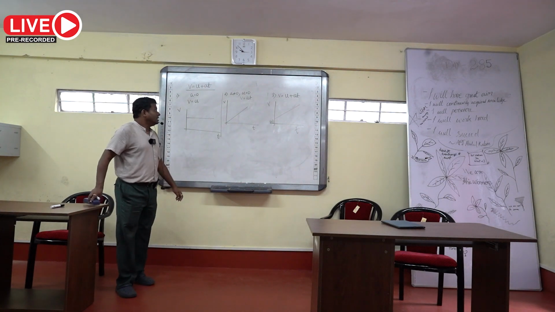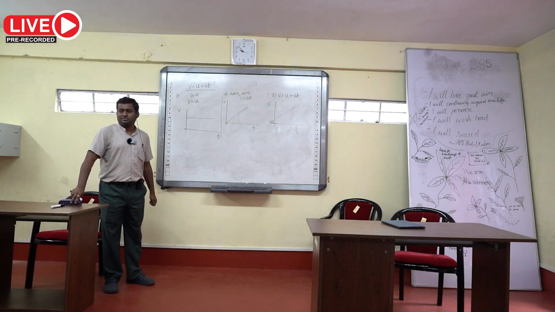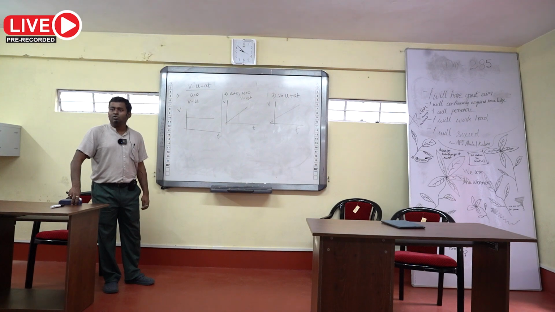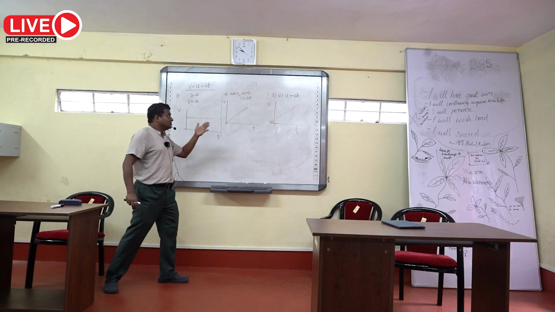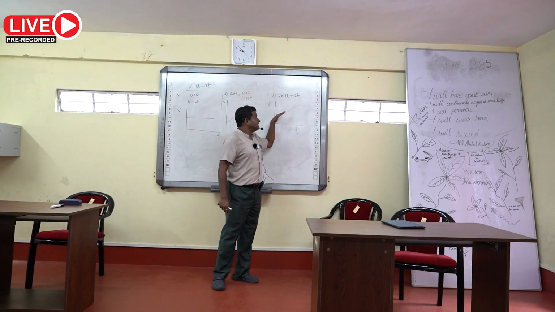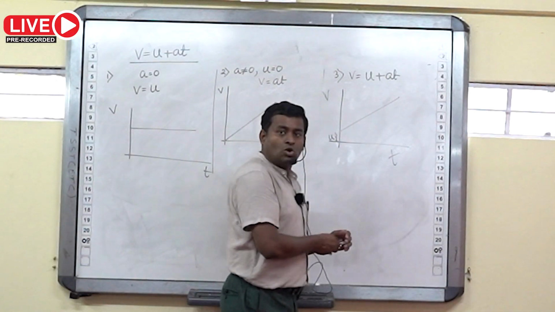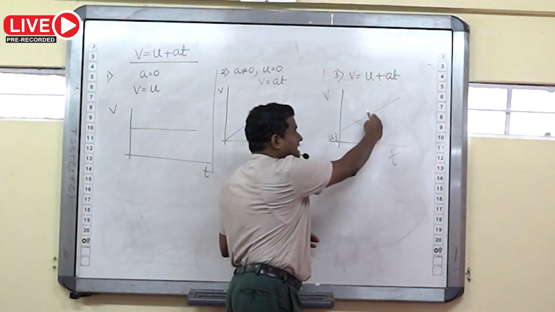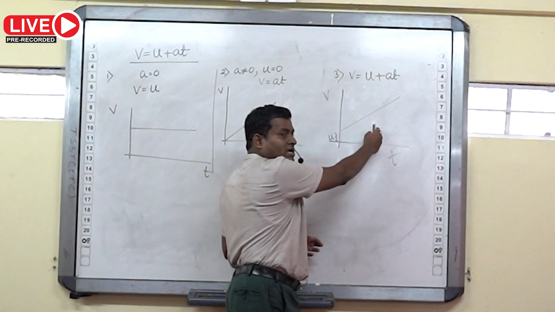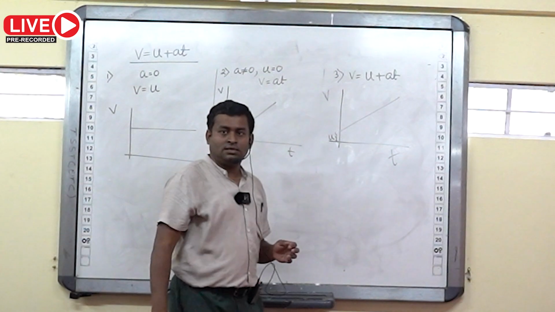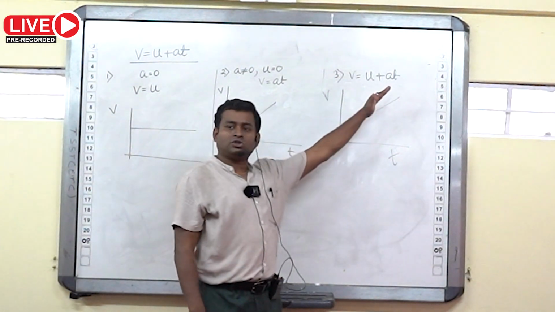Now, if there is retardation, how will the graph be? This graph is moving upward, so if you calculate the slope, that is tan theta of this angle made with the time axis, then it is a positive slope.